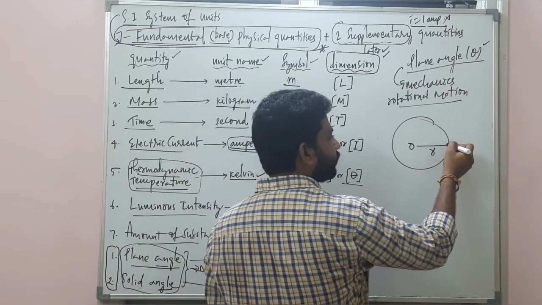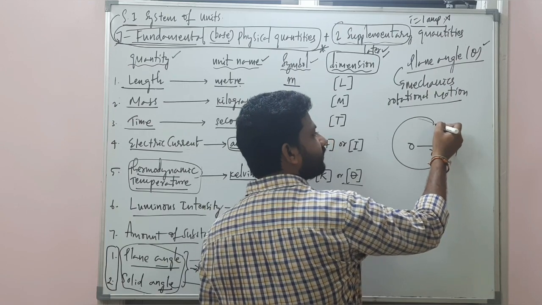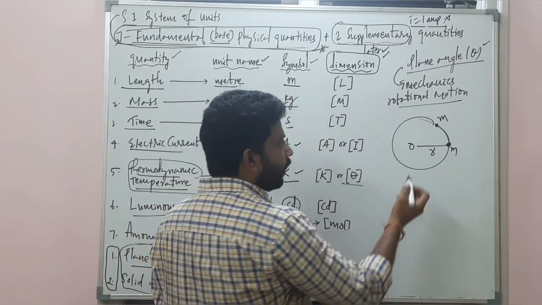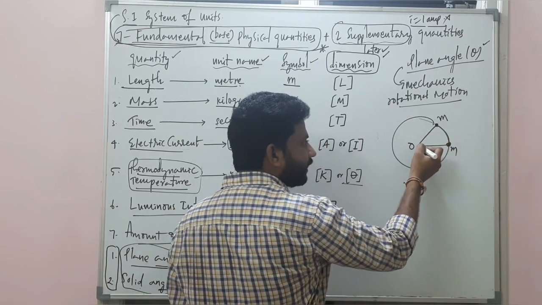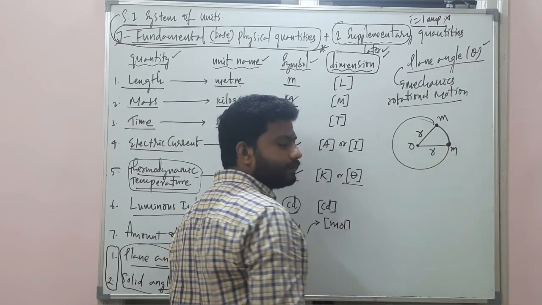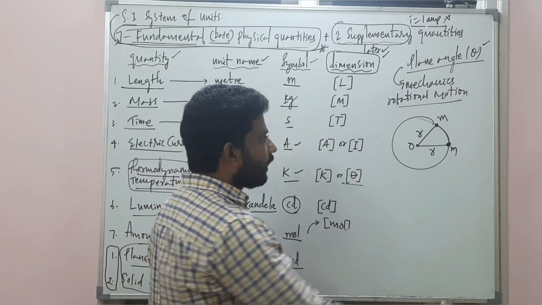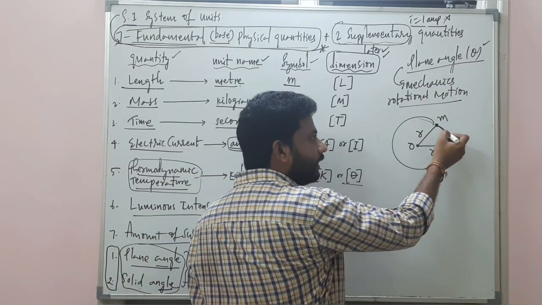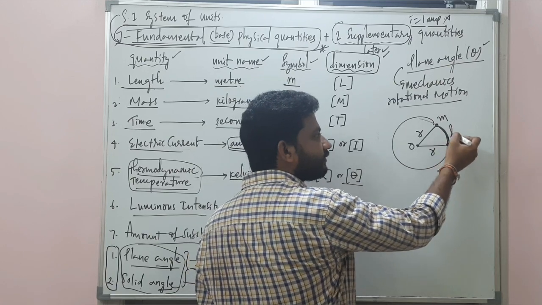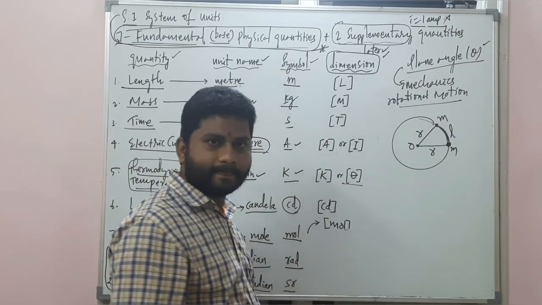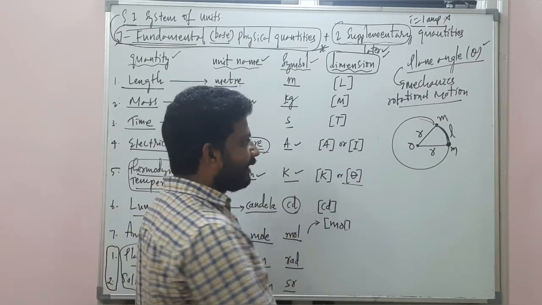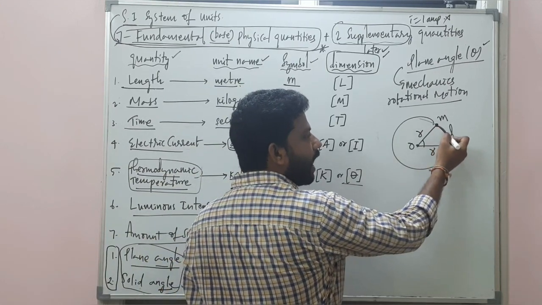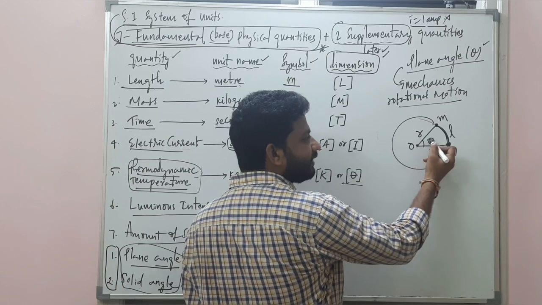After some time, the position of the particle is here. At this point also I can draw the radius r. And it's clearly visible that there is an arc. Imagine the length of the arc is L. And the angle made by the arc at the center is theta.